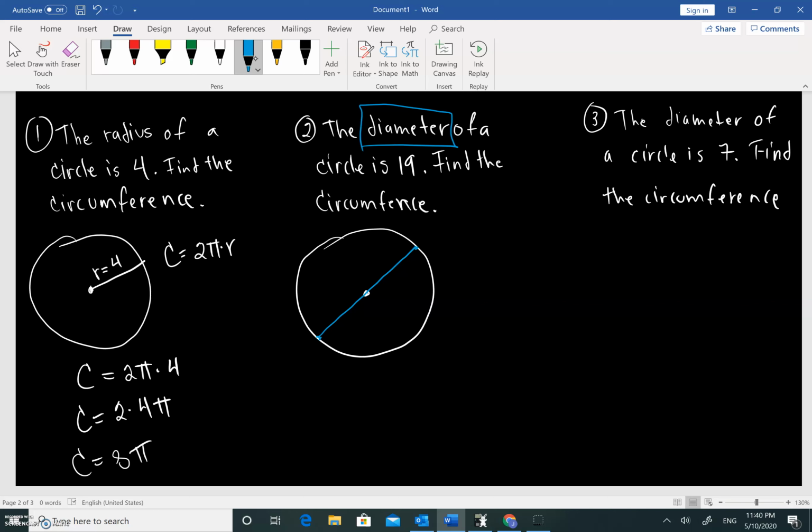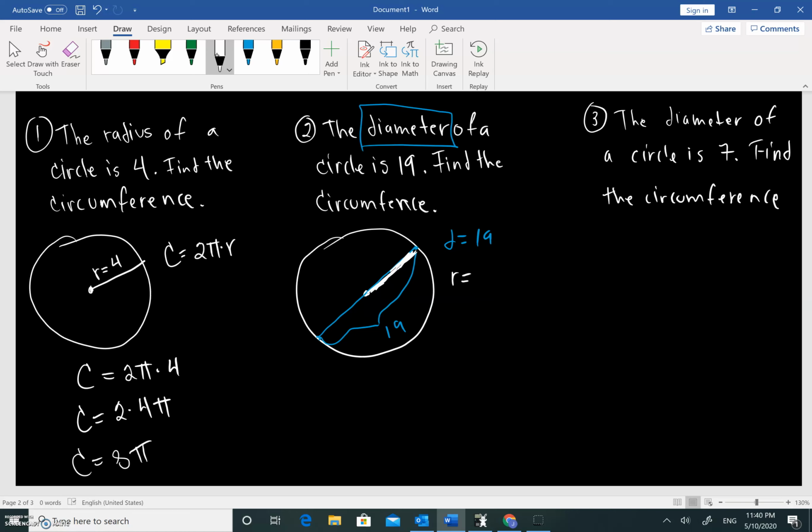Now, because from here all the way to the other end is 19, then what should be my r? So d is equal to 19. What is r? So let's make that in white. What is r? Well, if d is 2 times the radius, then r should be half of the diameter, right?